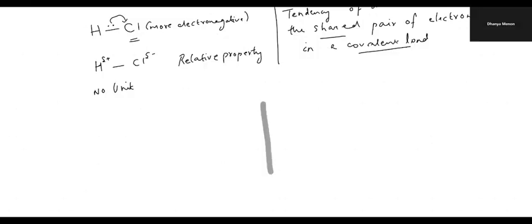Now moving on further, comparing electron affinity (EA) with electronegativity. I'll write it as EN, the short form.